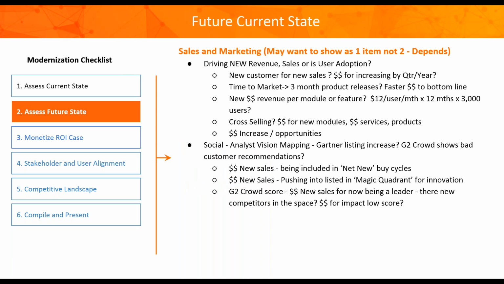Meaning, now that I do have some of these new features, I do have these categories, am I going to drive user adoption up? Are these time to market kinds of elements, meaning if I can get it done 3 months earlier because of the new software, does that mean it's faster dollars to the bottom line? Your organization may see it as a revenue decrease in the previous category for what our current state was. Other companies may look at this and say, well, let's put this into the future state of what we're going to drive, whether it's revenue or cost.